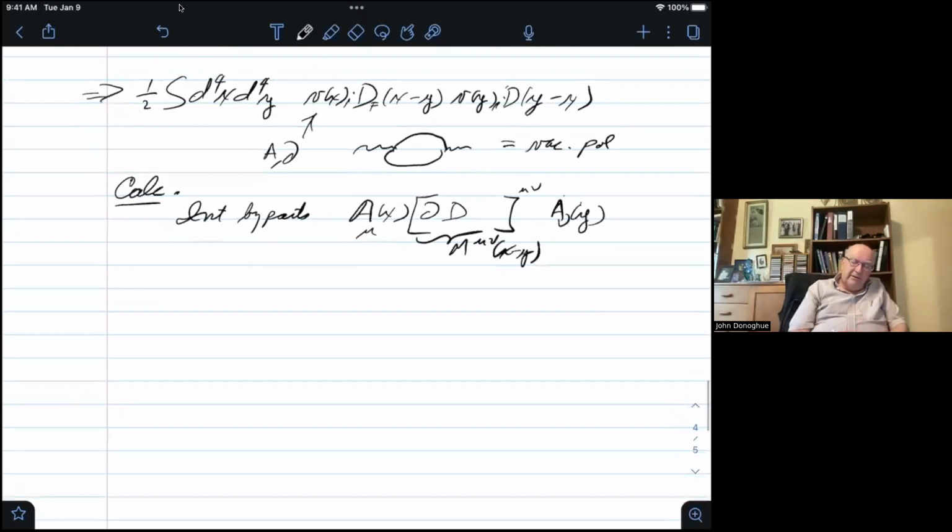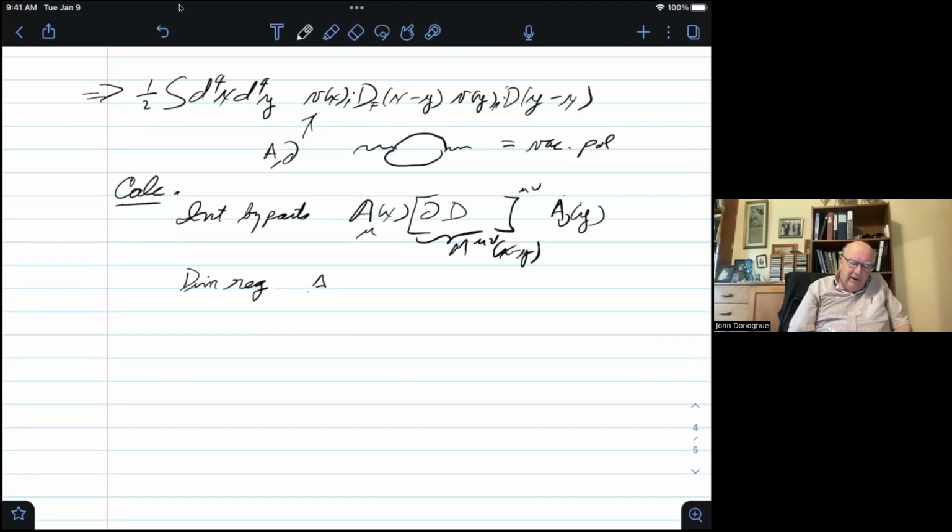Then there's some various tricks. I'm going to evaluate those propagators using dimensional regularization. So the tricks are things like the following.